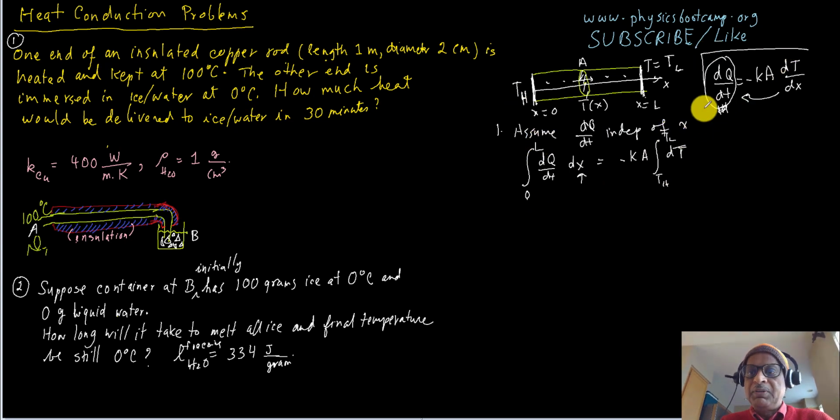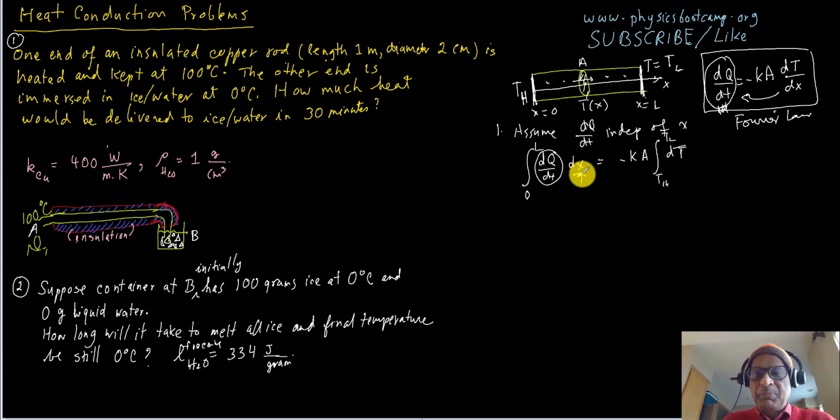So all you need to know is this Fourier law, and you can do this integration and immediately say, okay, this is independent of x, so this comes out, and so you have L times dq/dt equals minus kA (TL minus TH).